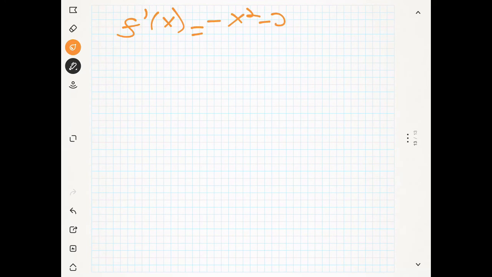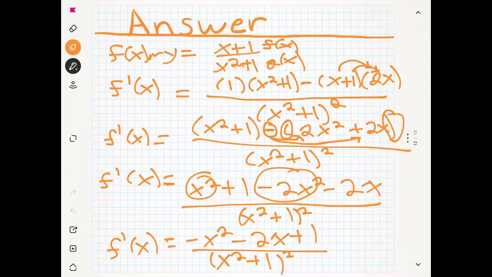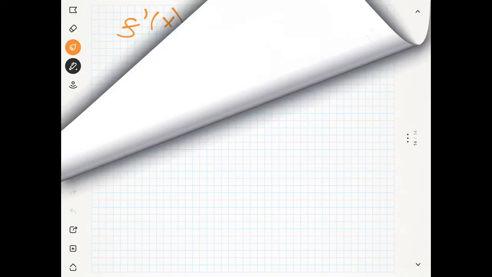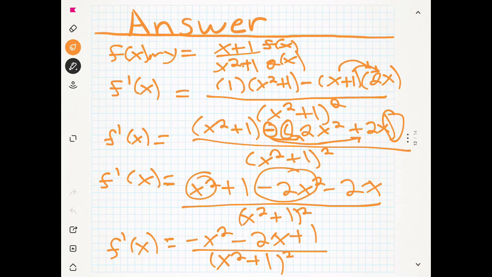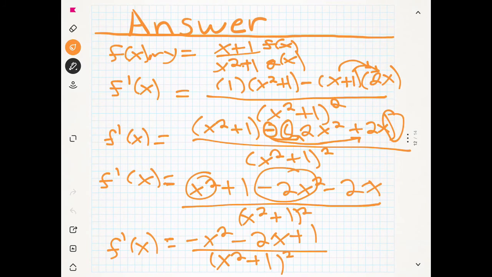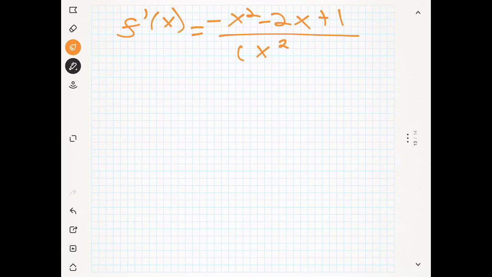Negative x squared minus 2x plus 1, all over x squared plus 1, x squared plus 1.